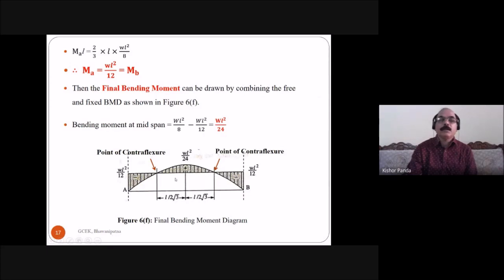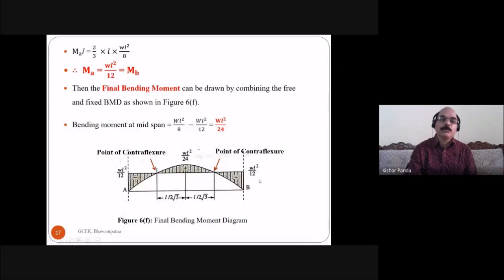This is the free bending moment diagram, and the total ordinate is WL square by 8. This is the fixed bending moment diagram, and the ordinate is WL square by 12. This is negative and this is positive, and this portion cancels each other.